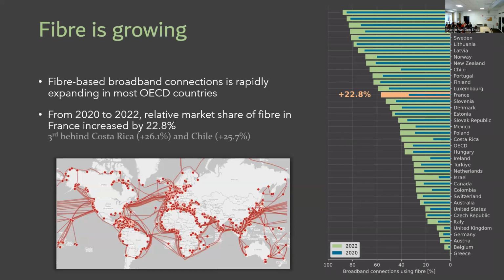So in the span of 2 years, France has expanded its fiber optic network by over 20%, which on this list is pretty significant, because only Costa Rica and Chile have had a larger, faster expansion of their fiber network than France. Now it's already 1 year later, so hopefully it will be far enough to the left so that I can also get fiber internet at my home.